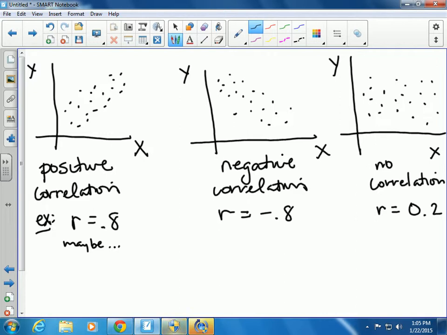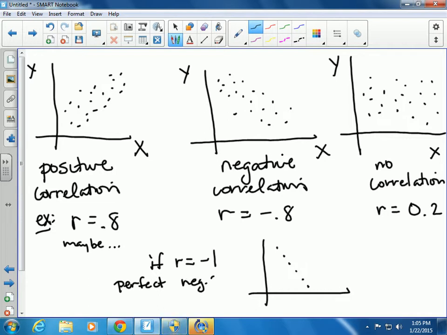So the bounds between -1 and 1 mean that if r equaled -1, your scatter plot would look like this. It would be a perfect negative slope line. So it would mean that your data is perfectly linear, and perfectly negative linear just means it has a negative slope.